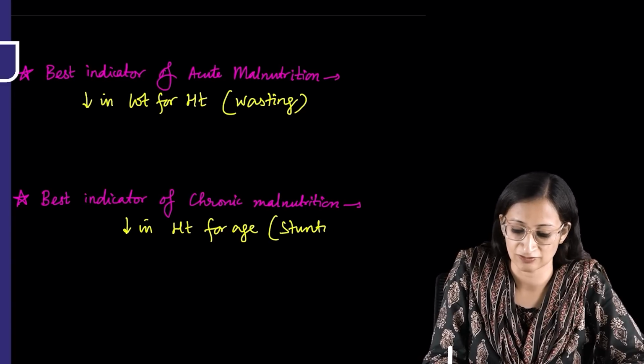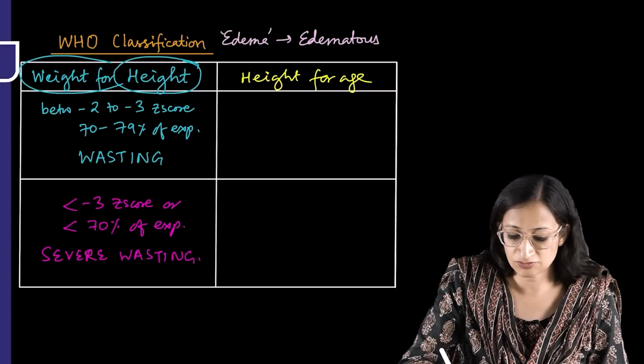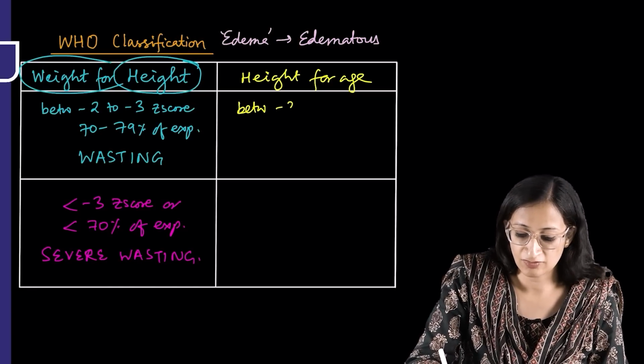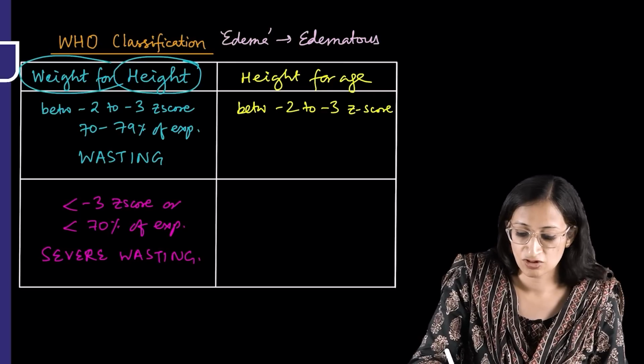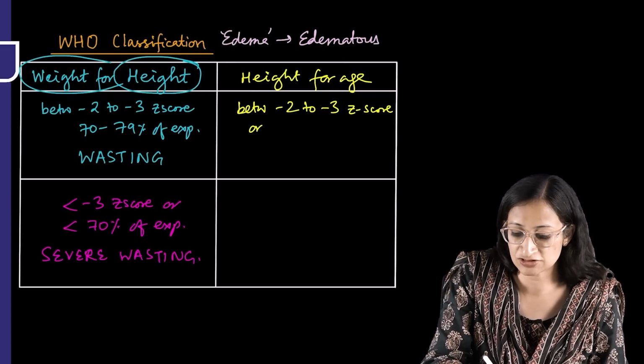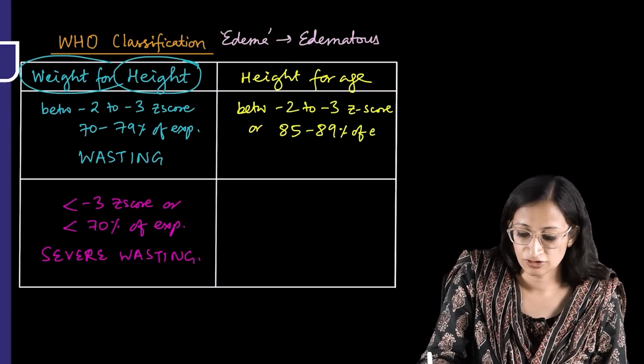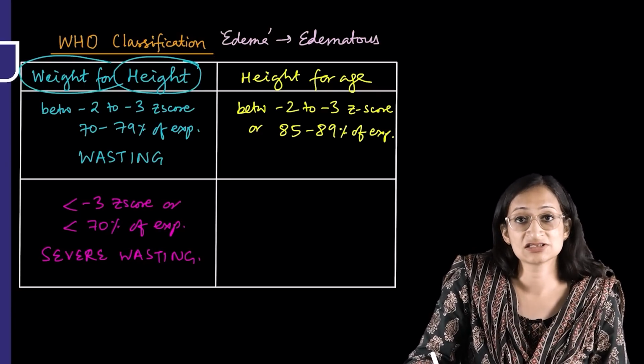If the height for age is between -2 to -3 Z-score, or between 85 to 89% of expected, we call it stunting.